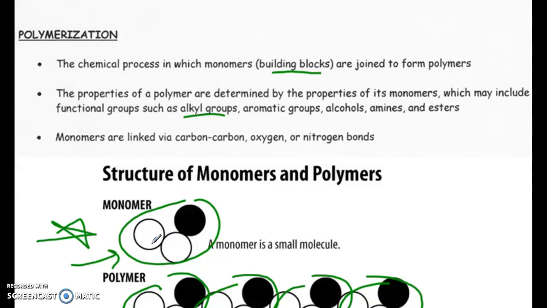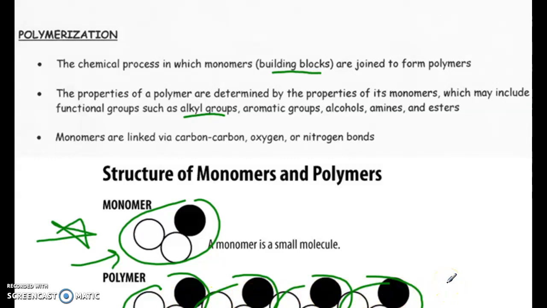You can have benzenes on there. So really, any molecule that you create your polymer with will have, of course, an influence on the polymer's final intermolecular forces.